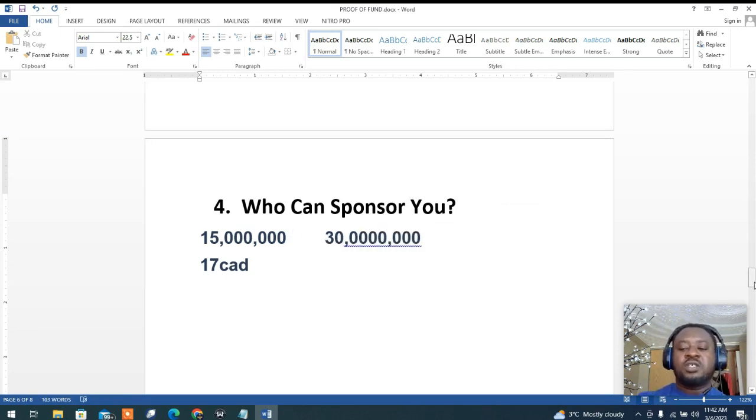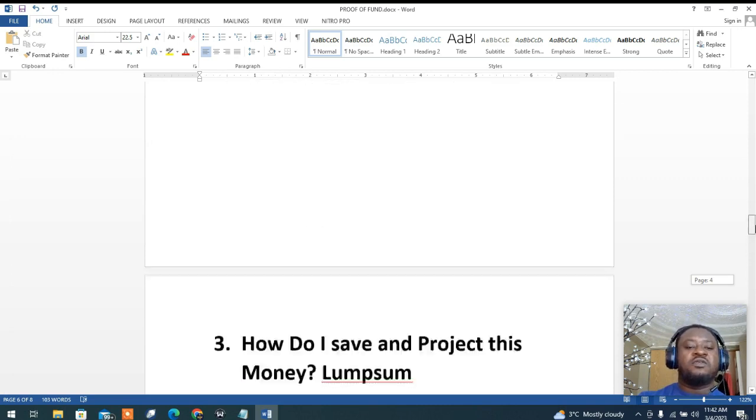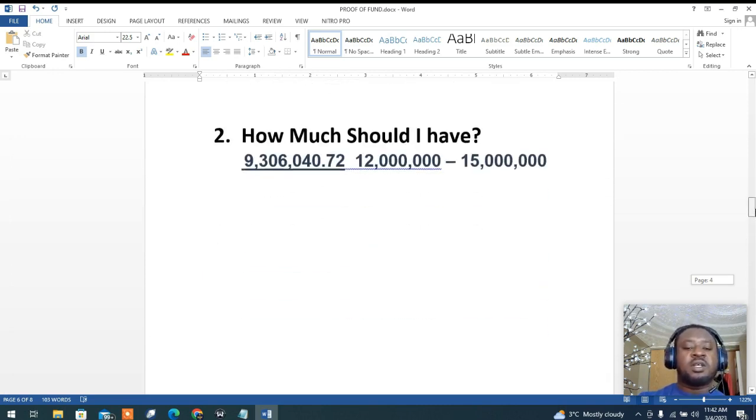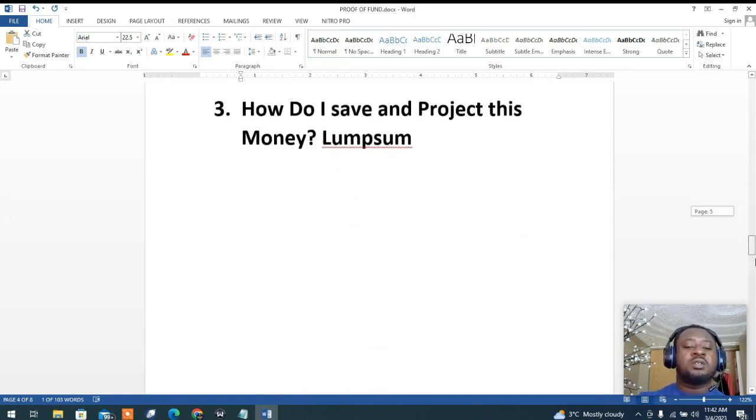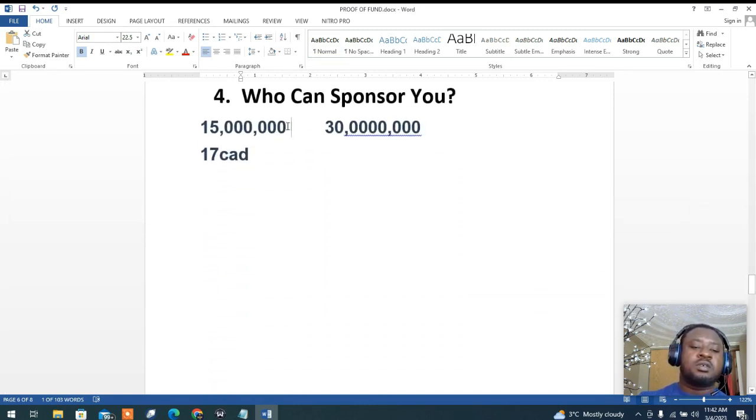Because if you are projecting your proof of funds, you also need to explain how you intend to pay the subsequent years. So if you are saying that your uncle is going to sponsor you throughout your academic study overseas, you are invariably telling them that your uncle will handle the first 15 million and the following year 15 million.